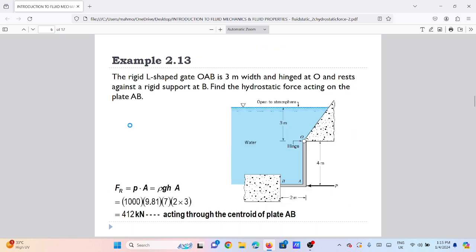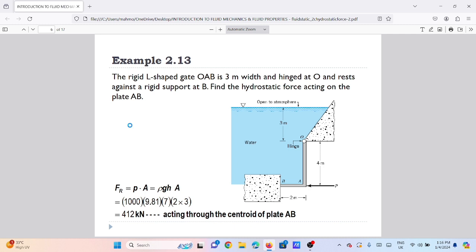This is an example of a question. The rigid shape gate OAB is 3 m wide and hinged at O and rests against a rigid support at B. Find the hydrostatic force acting on the plate AB. We see that AB is a plate.